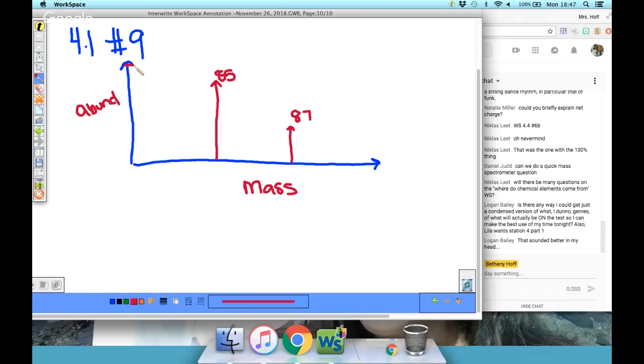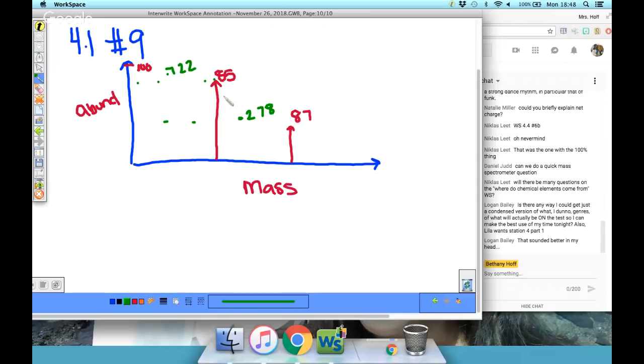We were told that according to the data, the abundance is 0.722. And this one is 0.278.